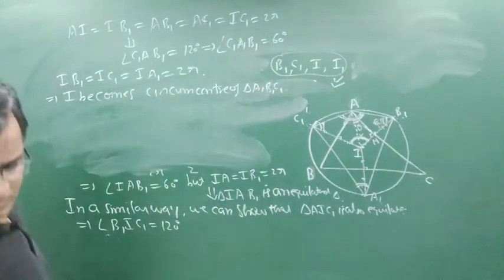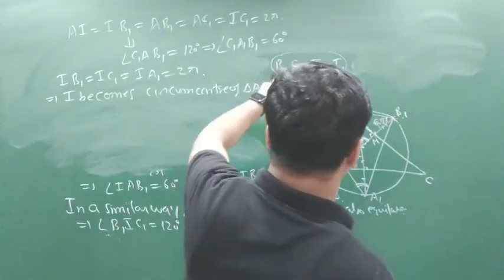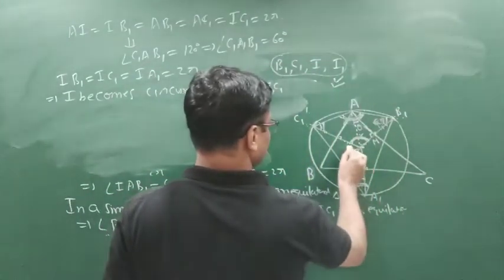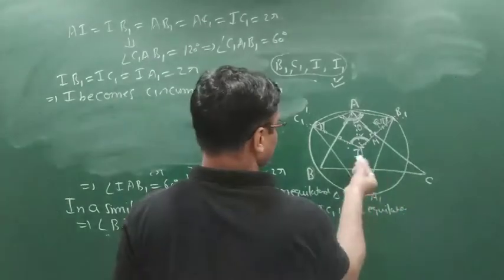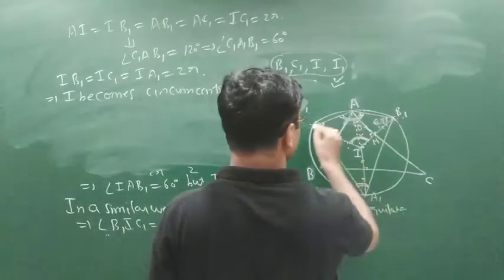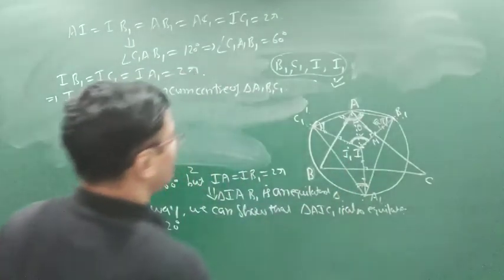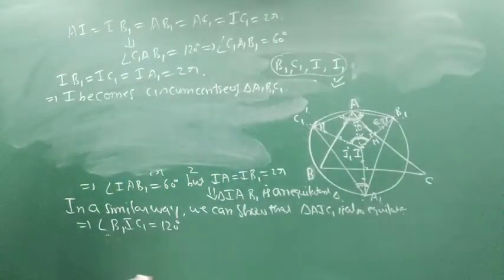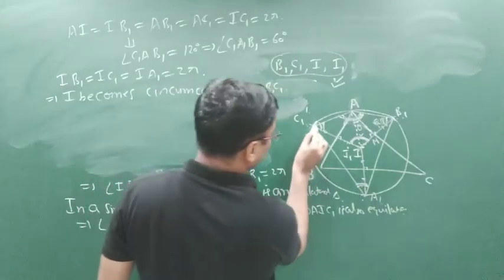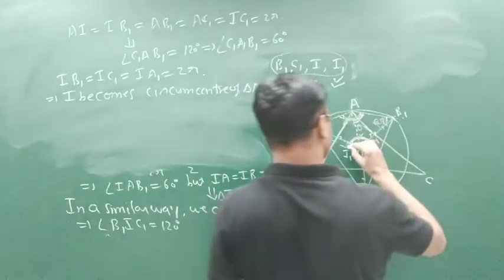Now we have to find angle B1I1C1. I1 is somewhere here, the incenter of triangle A1B1C1. This point is I1. We are going to find this angle. Picture is very dense.